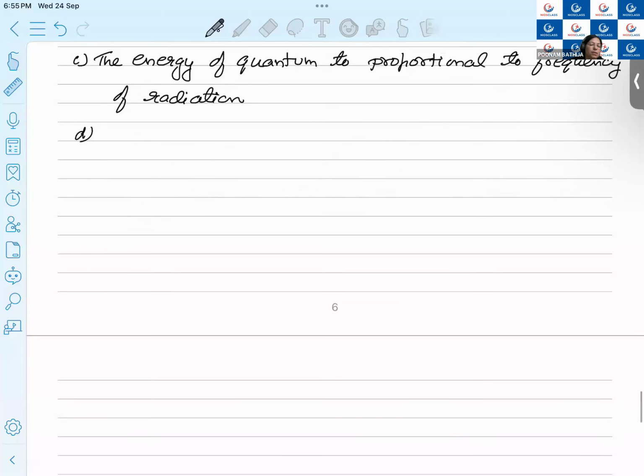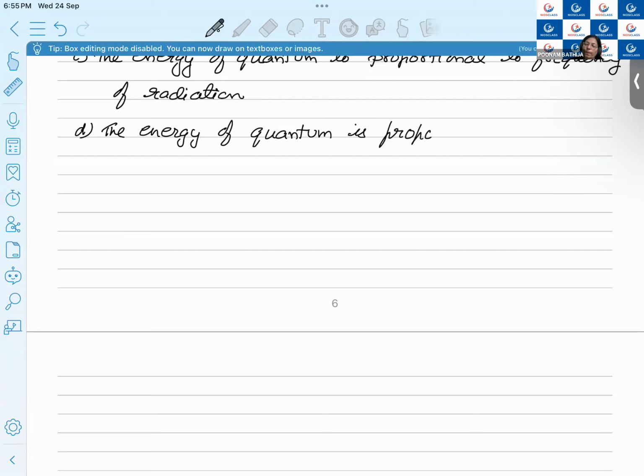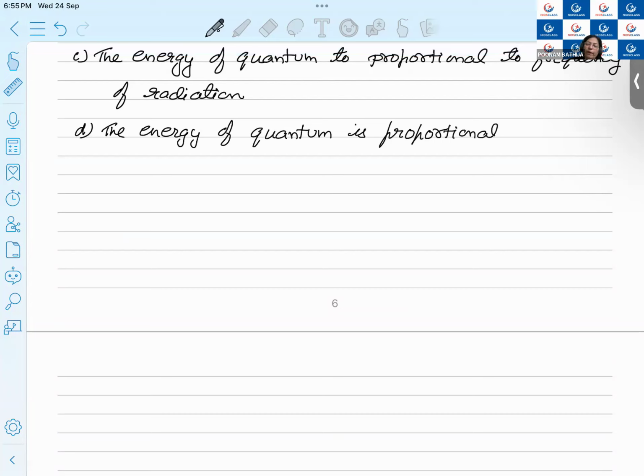And the energy of quantum is proportional to wavelength of radiation.